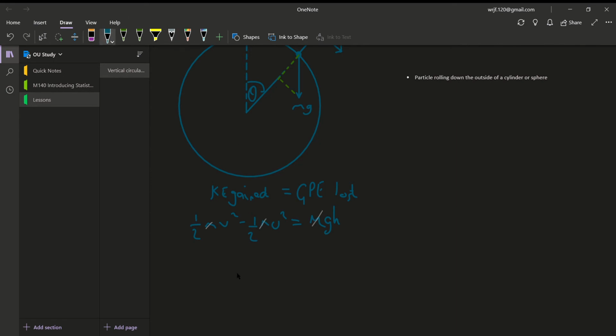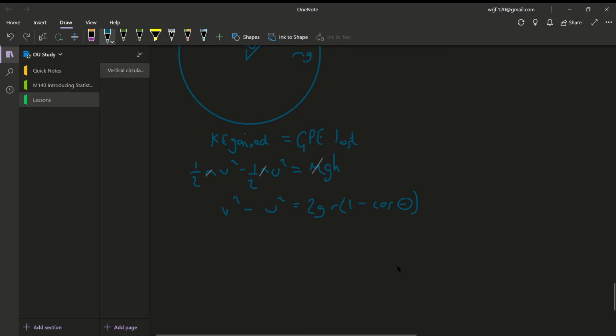Multiplying by 2 to make things a little neater gives us v squared minus u squared equals 2g, and then r(1 minus cos theta) for our change in height. So exactly the same sort of approach and the same kind of expression as before.